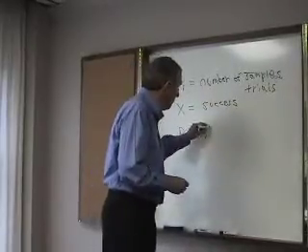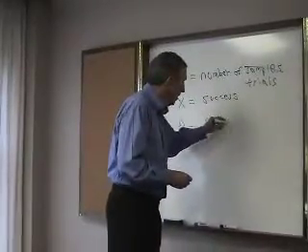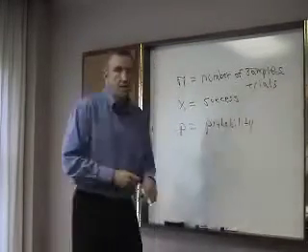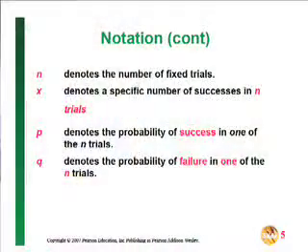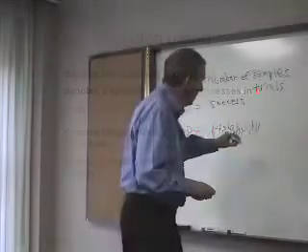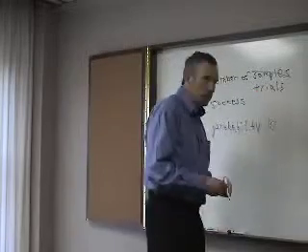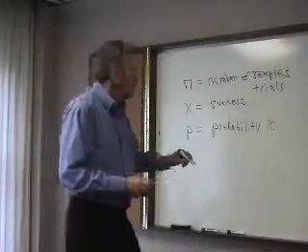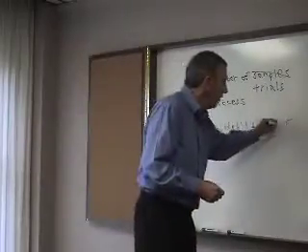P equals the probability, and this is all on slide 5. P equals the probability of success in one of the trials. So let's say we get 10 patients that come through the door, and we are getting 5 of them in under the wire.